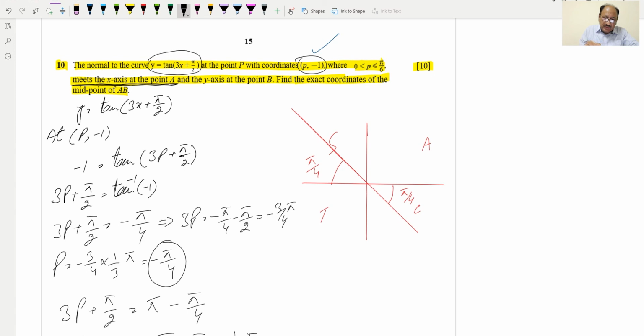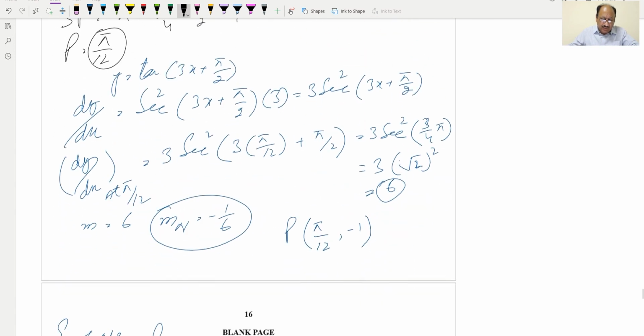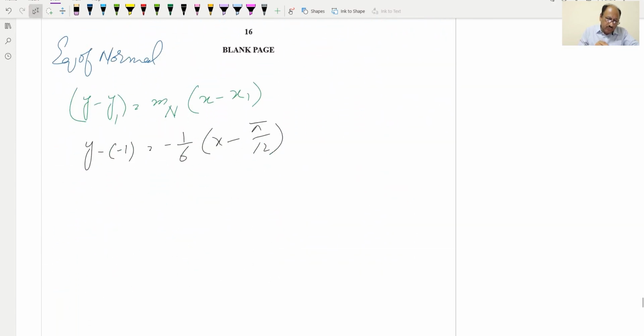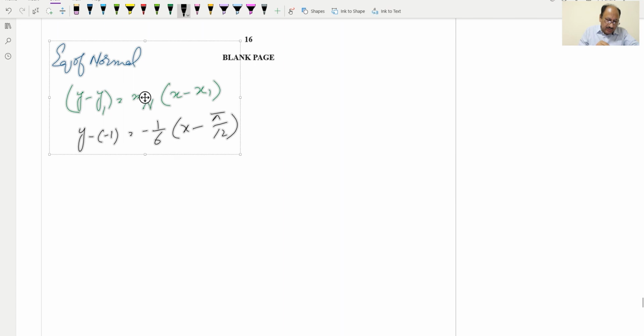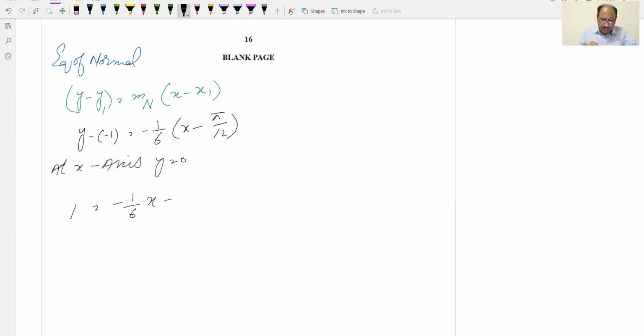So x-axis at point A means at the x-axis y will be 0. So using this equation, 1 is equal to minus 1 by 6 x minus minus plus pi by 72.